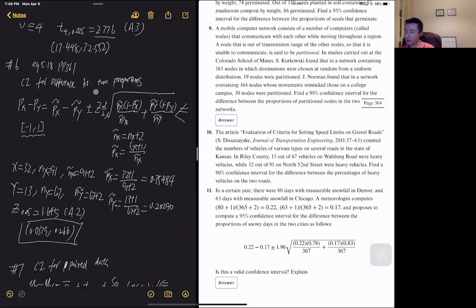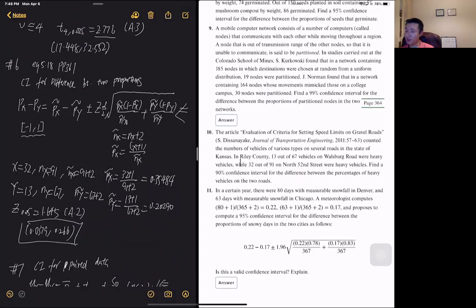In question number 10, we have an article. It is about evaluation of criteria for setting speed limits on gravel roads. They counted the number of vehicles of various types on several roads in the state of Kansas.